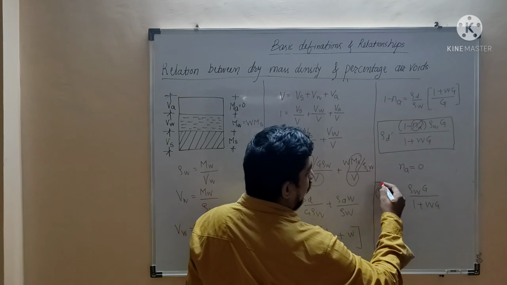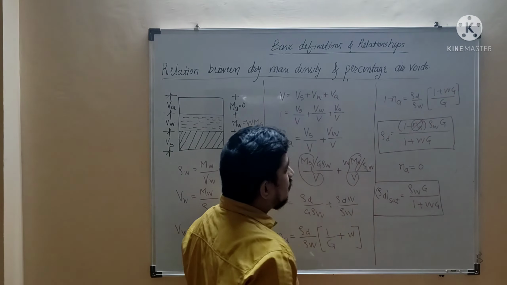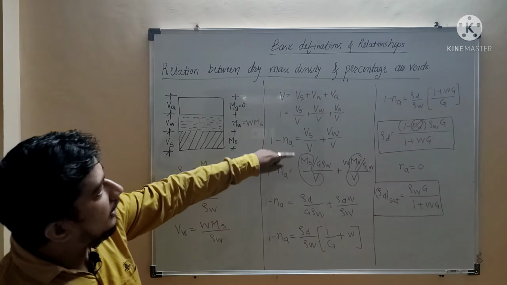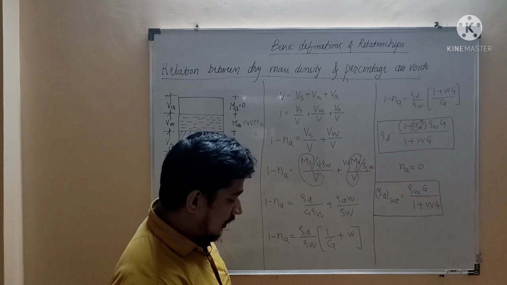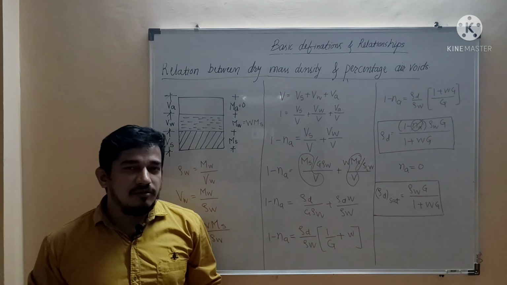So this is another formula we have here. This is the relation between dry mass density and percentage air voids. This is the last part of the derivations.